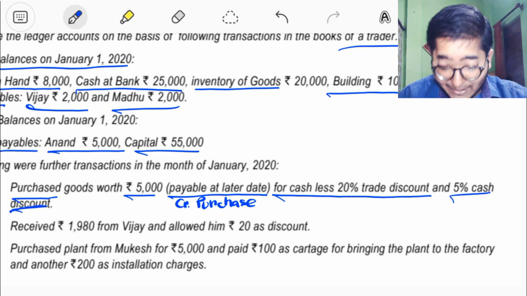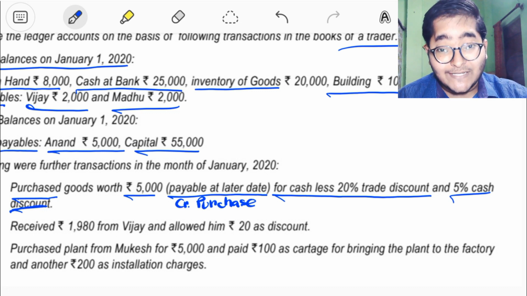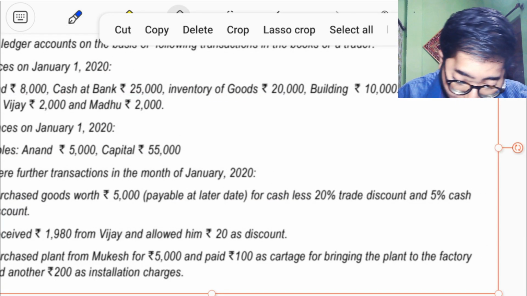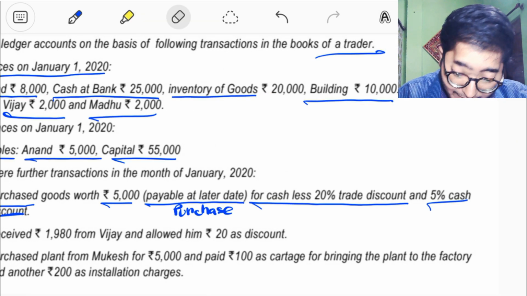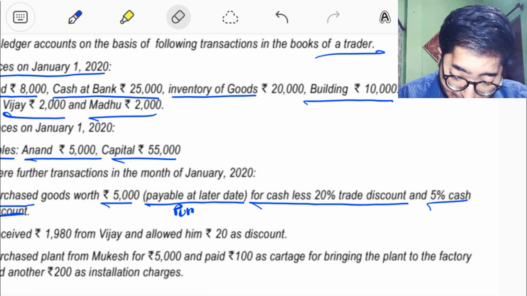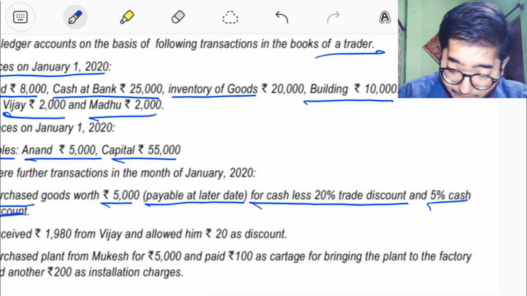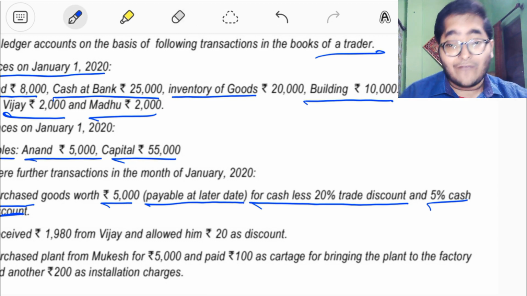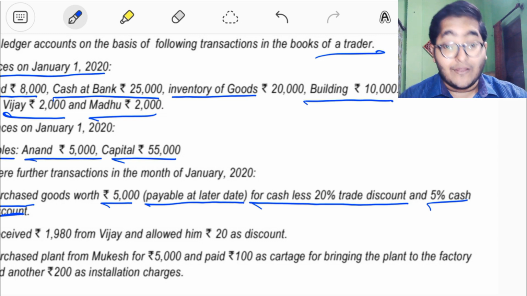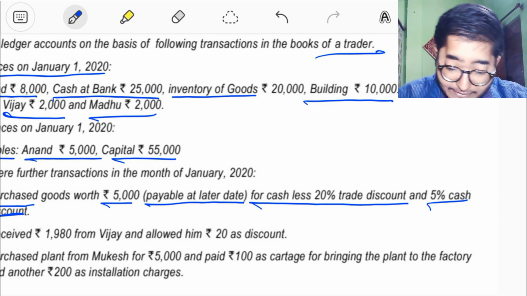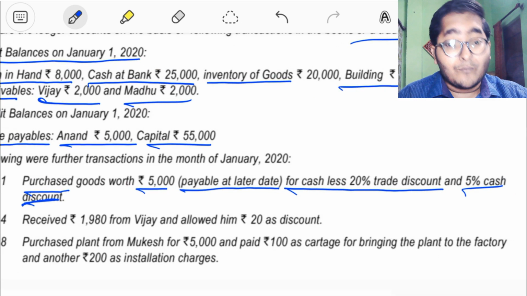So payable at a later date, but the purchase was in cash. And due to the payment of cash, the trader received a trade discount and a cash discount. Always remember, trade discount is given for bulk purchases, and cash discount is given due to prompt cash payment.